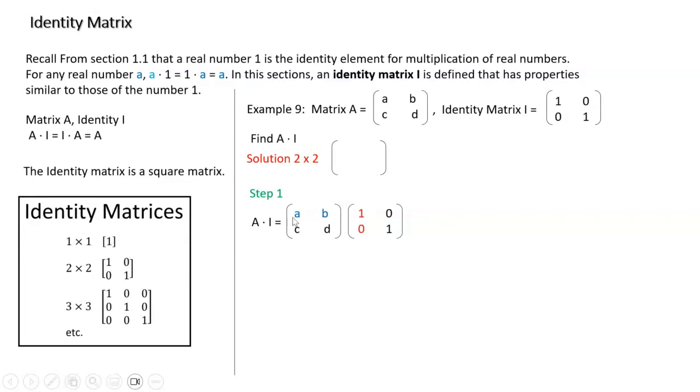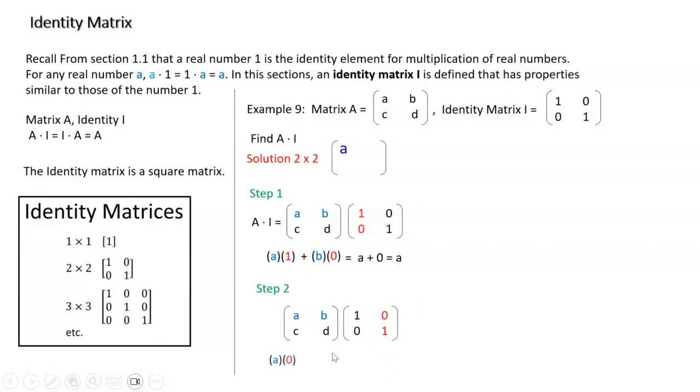So again, we repeat the process. I'm going to multiply A times 1 plus B times 0. The answer will be A plus 0, which will be A. So the answer is A for the first row, first column. Now, second step, I'm going to multiply the first row times the second column.